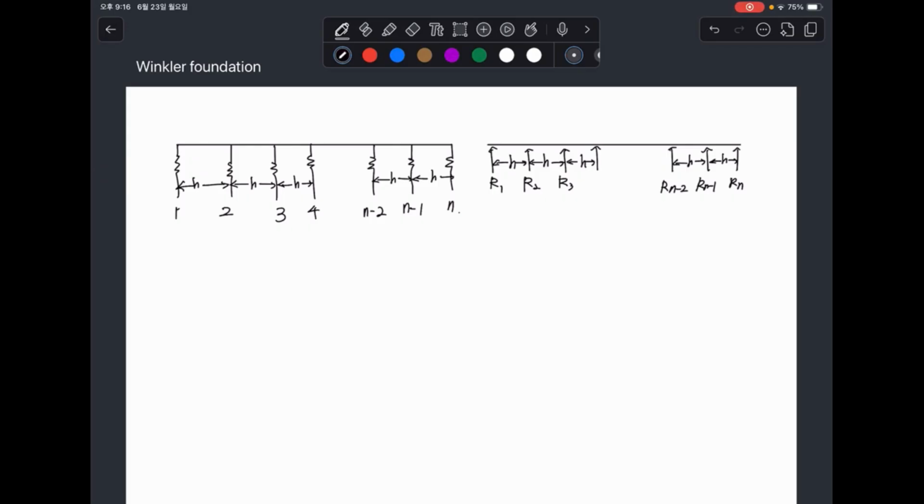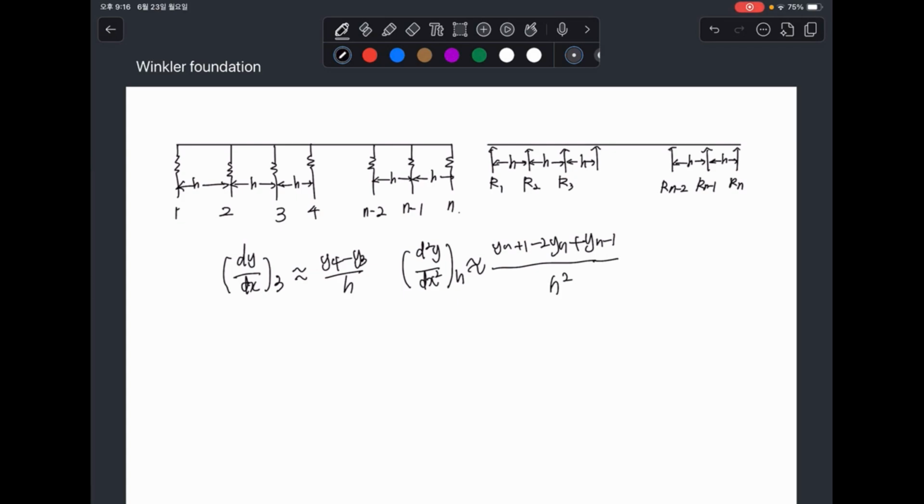So, when using finite difference approximations, the average slope is, and the central difference for the second derivative is, this is a very important equation, and these expressions approximate the curvature of the beam.